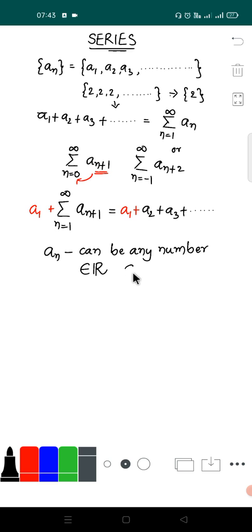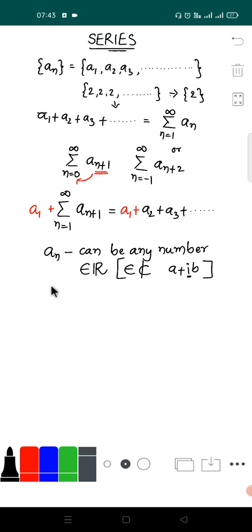Or it can also belong to the complex numbers. We are yet to discuss the complex numbers, which are of the form a plus ib, where i is the imaginary number. We can leave this here, but just know that this an can be any number.